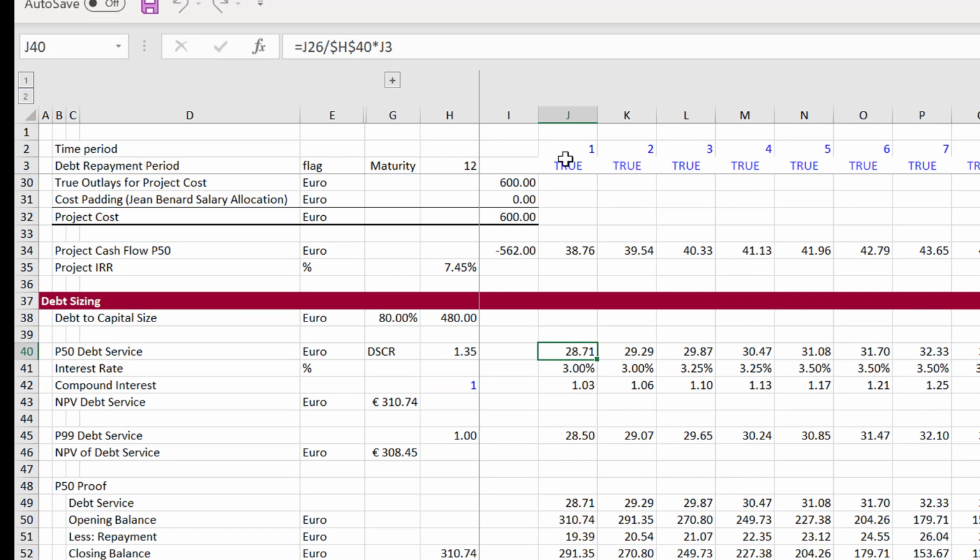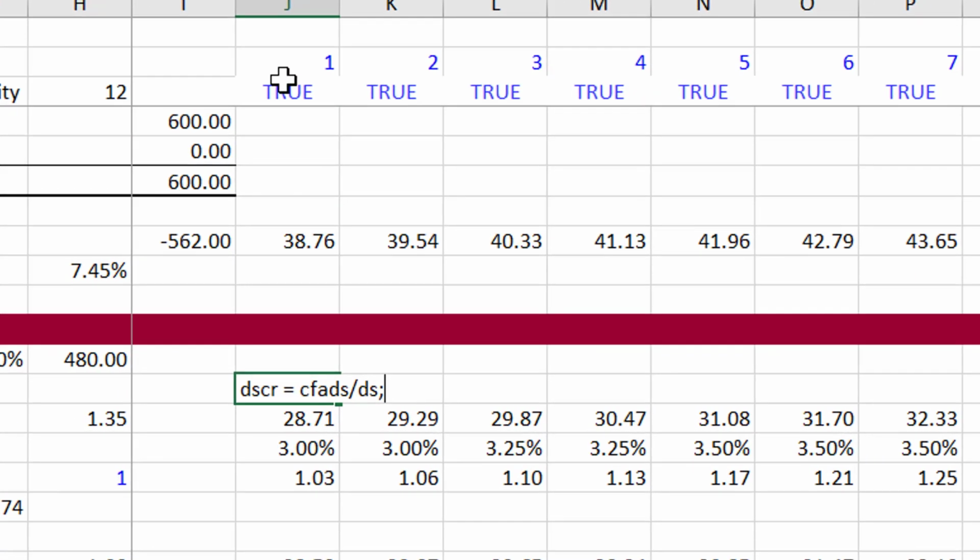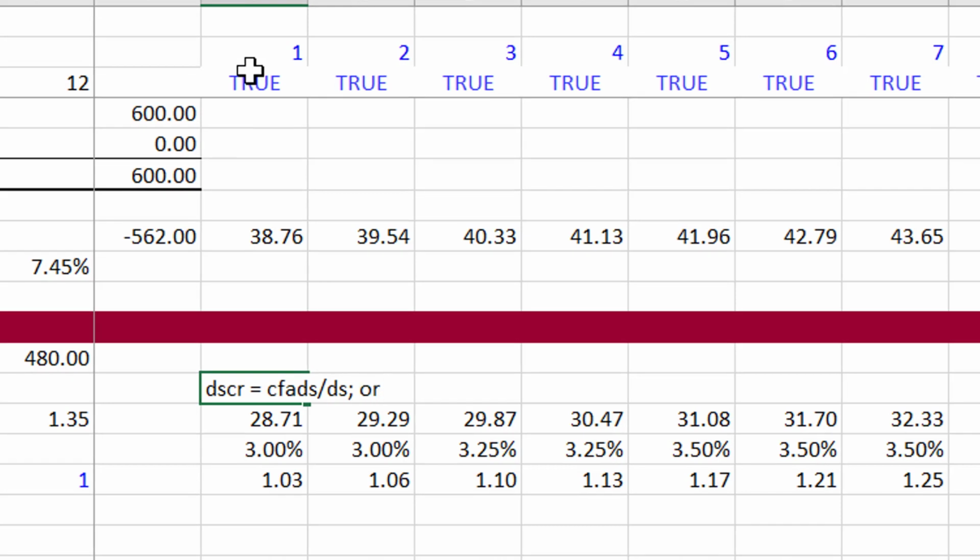So I multiplied that. This is a calculation. Obviously, I should say DSCR equals CFADS divided by debt service, or debt service equals CFADS divided by DSCR.